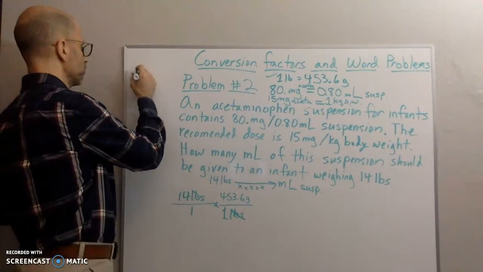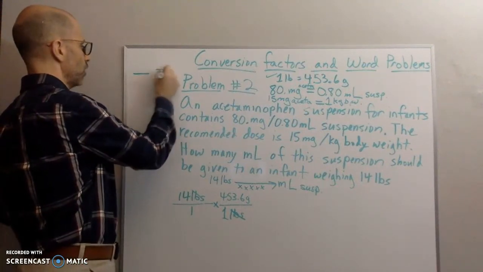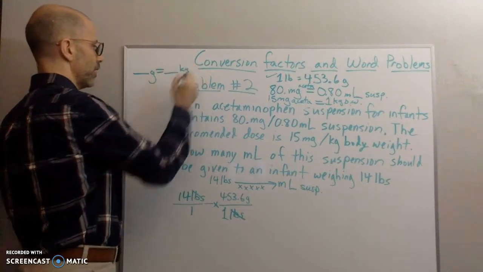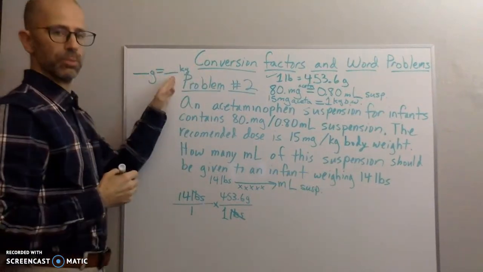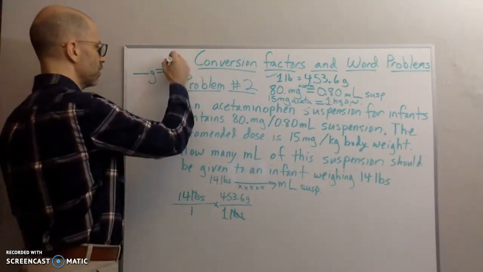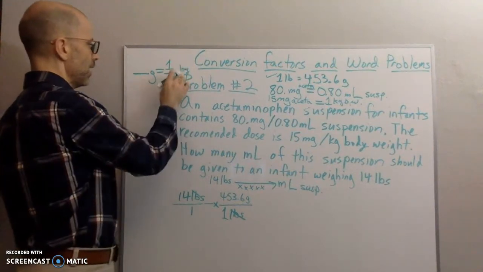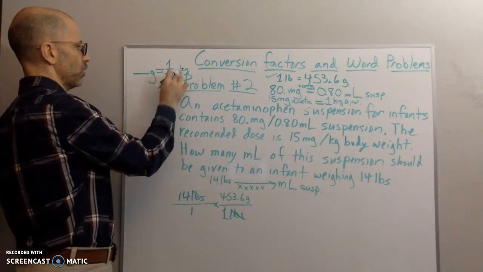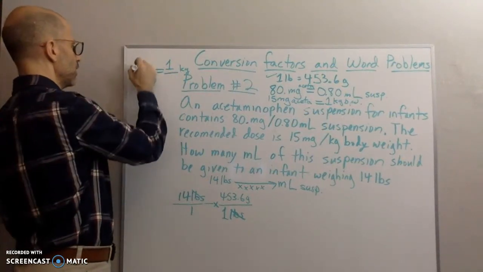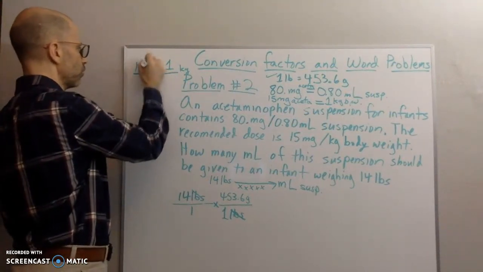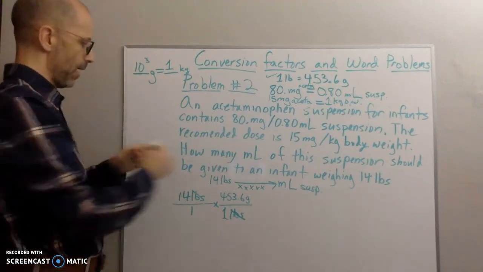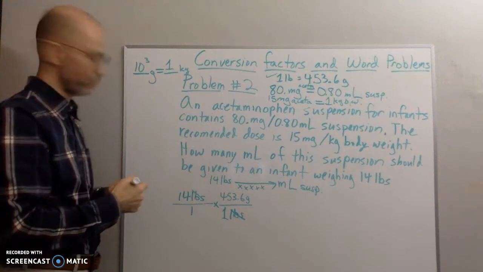If I set up the equality between grams and kilograms, I always put the 1 with the prefix, and I use the prefix multiplier with the base unit. So I have kilo. Kilo is 1,000 or 10 to the 3. So I put 10 to the 3. There's my equality. I'm going to use that as a conversion factor.